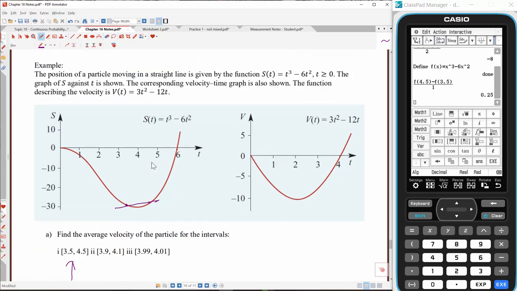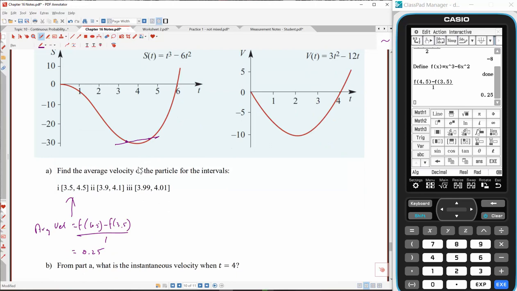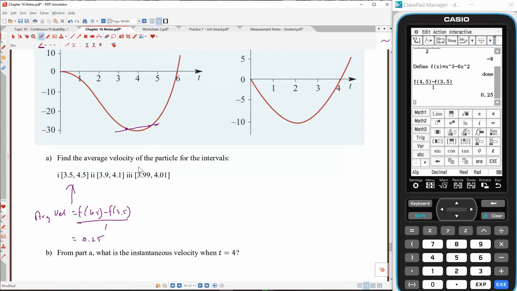Let's give a unit. Units per time, whatever, meters per second or whatever.